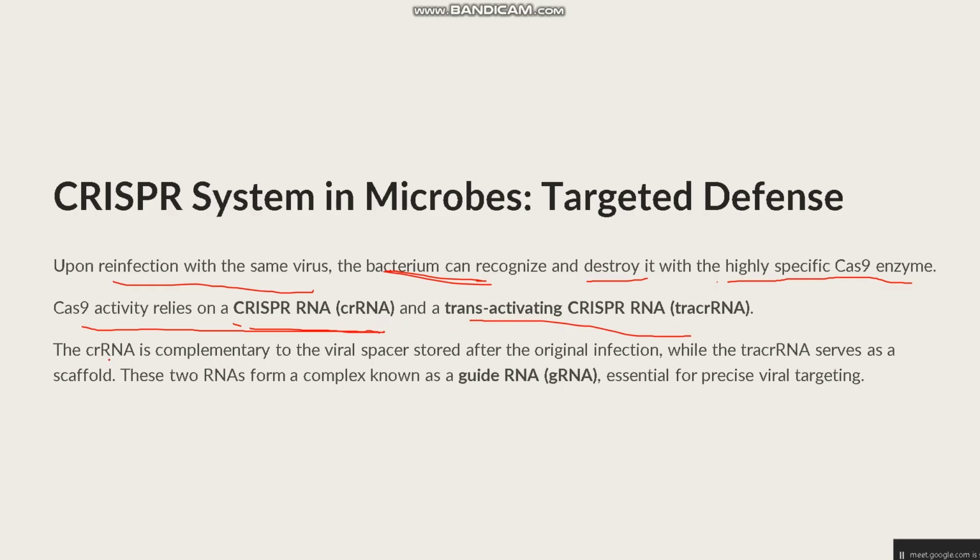The CRISPR RNA is complementary to the virus spacer, while the trans-activating CRISPR RNA serves as a scaffold that contributes to the CRISPR RNA. These two RNAs form a complex known as guide RNA, which is essential for precise viral targeting.